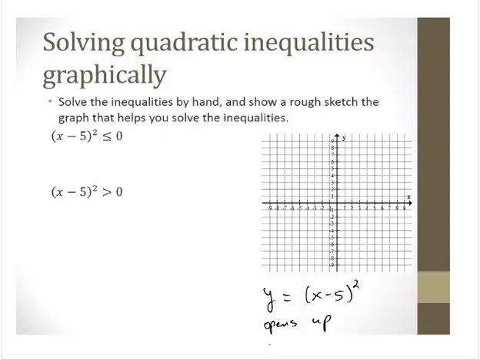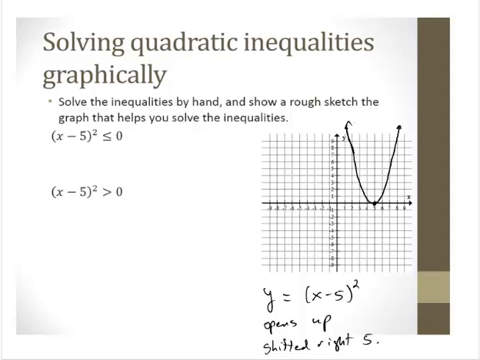I'm sorry, it's shifted right 5. So that puts the vertex at 5, 0, and it opens up. Right? So I get, roughly, that.